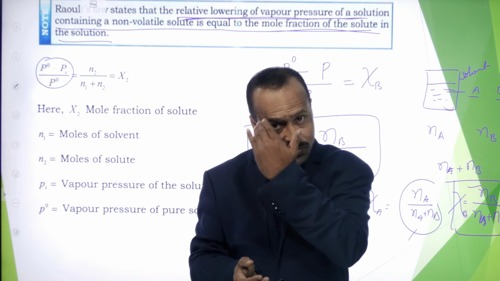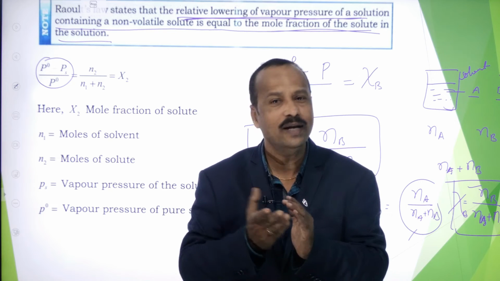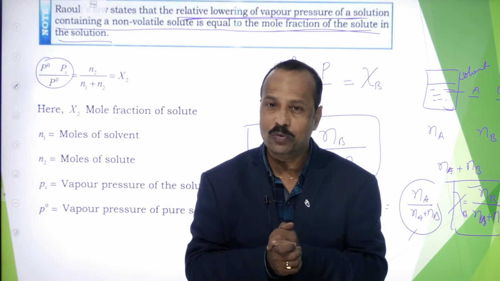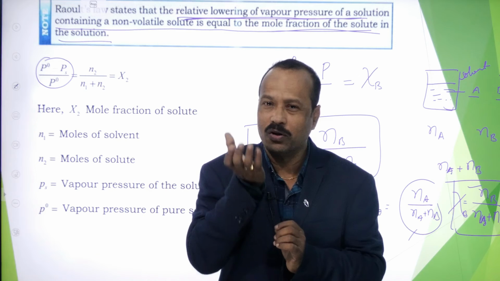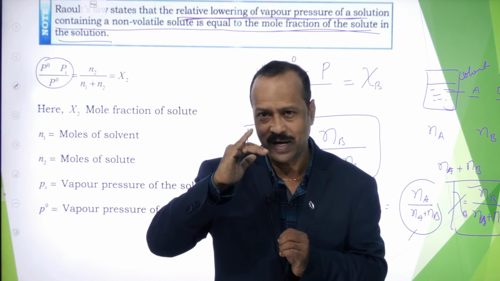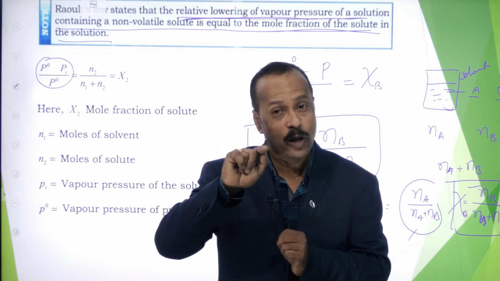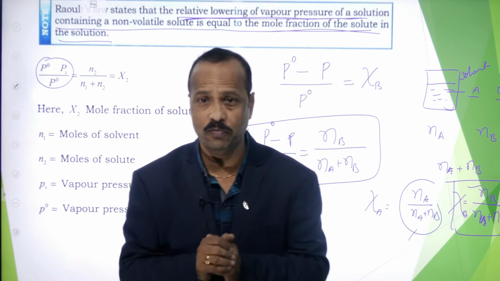We are adding a non-volatile solute, which cannot evaporate quickly. So the evaporation of water, the solvent, will be less. This is called lowering of the vapor pressure.